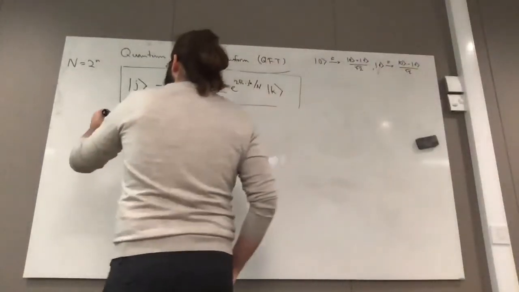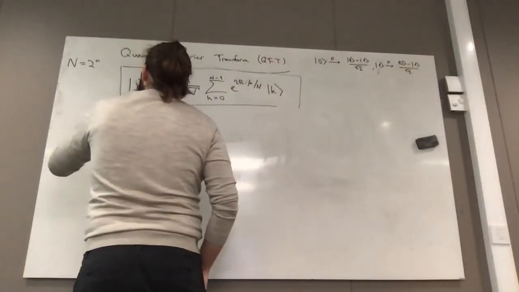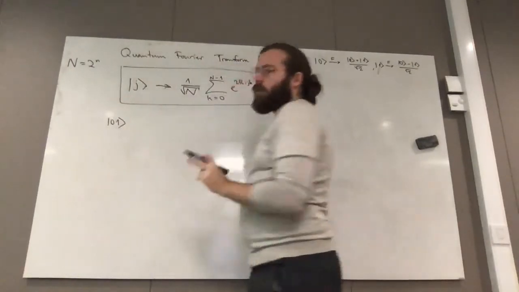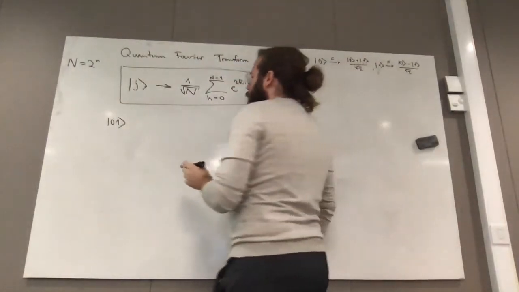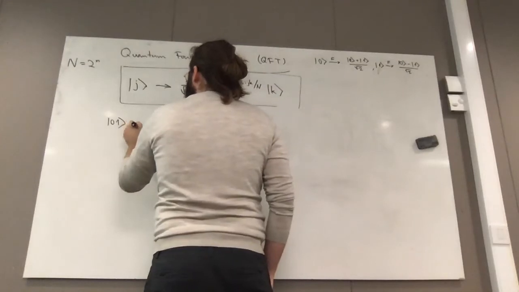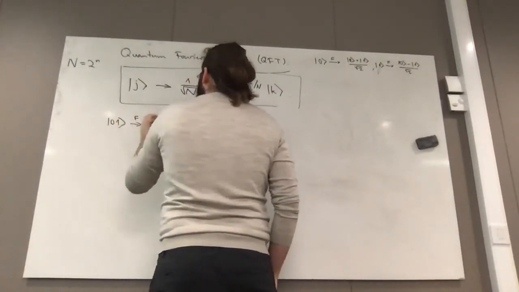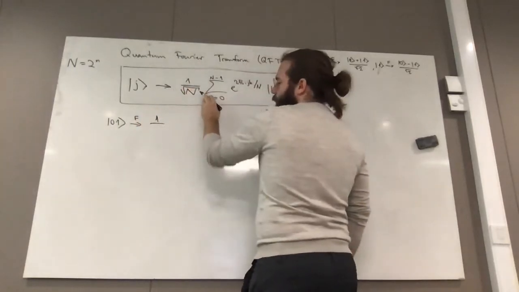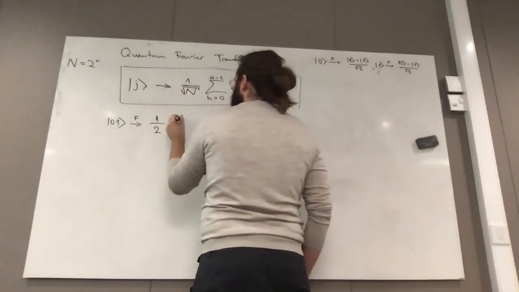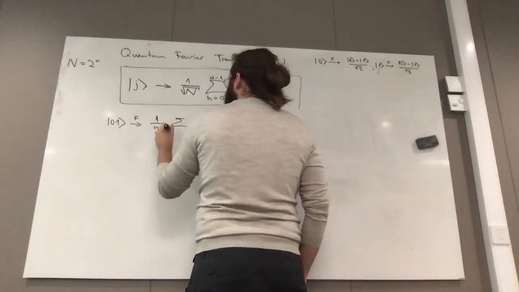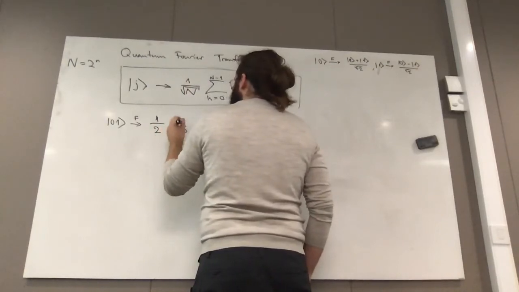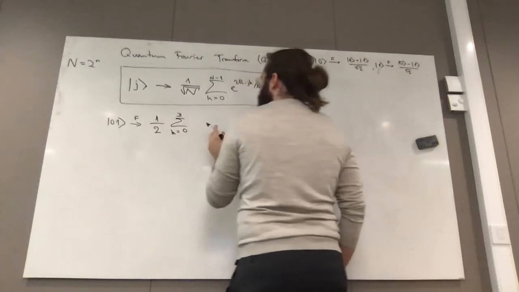So the one I'm going to transform today is the state 0, 1 in a 2-qubit case, so F. Now this is square root of 4, so 2, and it goes from k equals 0 to 3.